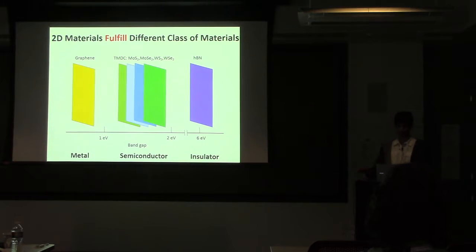This quantum confinement in the direction perpendicular to the two-dimensional surface of these materials causes really novel electronic and optical properties. You saw in molybdenum sulfide, for instance, there was a transition from indirect to direct band gap optical transition. And for instance, in graphene, you see that the mobility increases significantly.